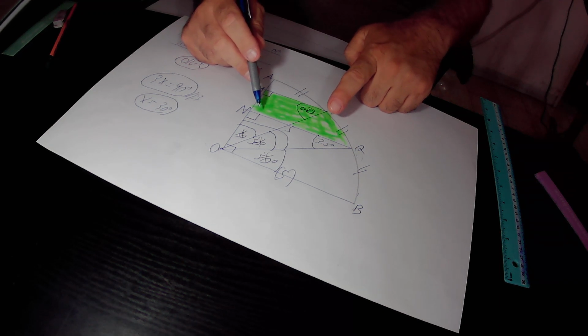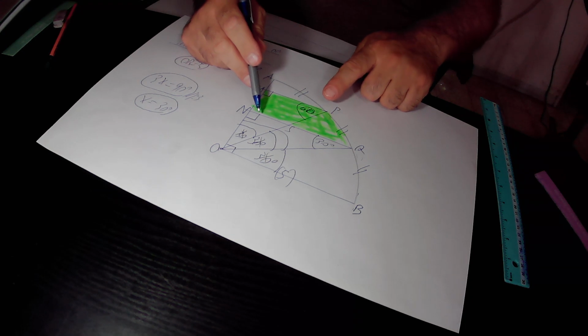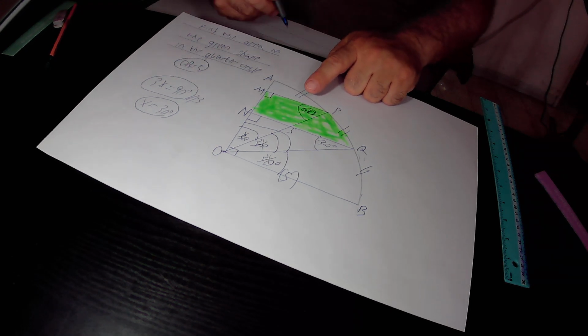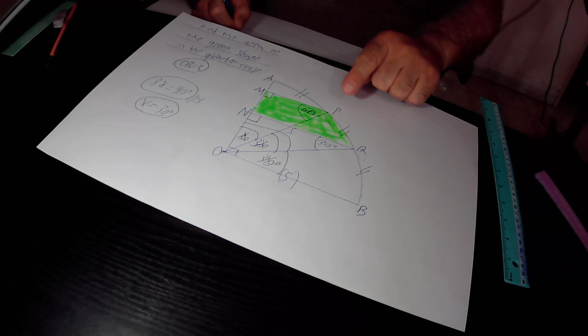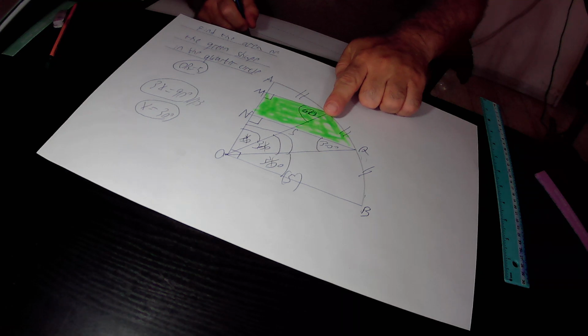That is to say, it must be equal to the area of this right triangle NSO plus the area of this triangle SOQ.